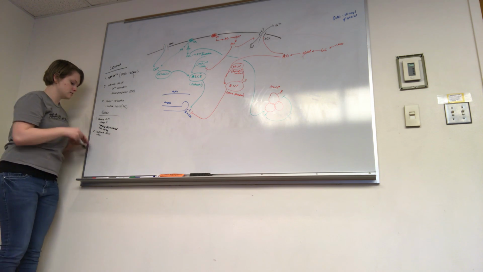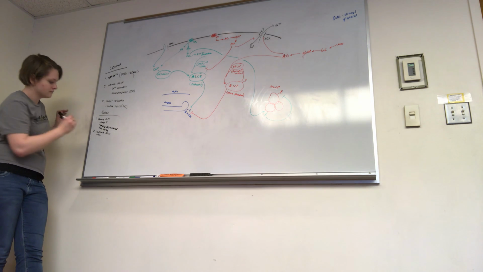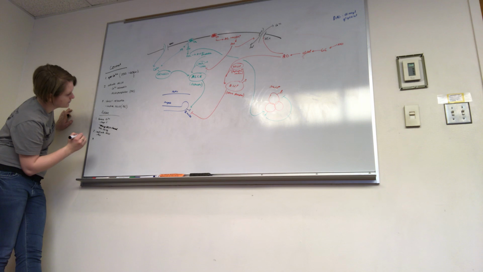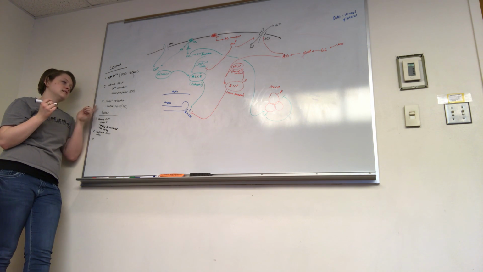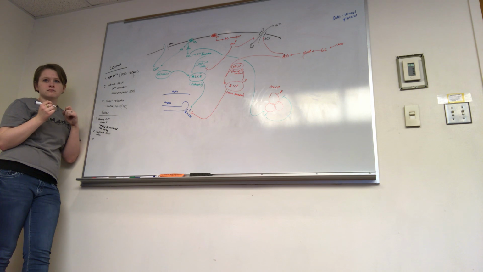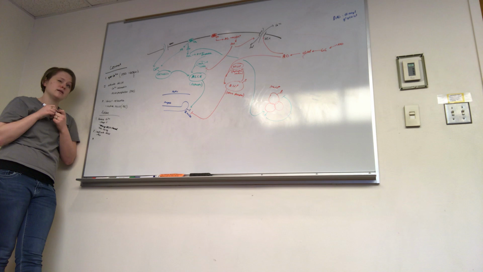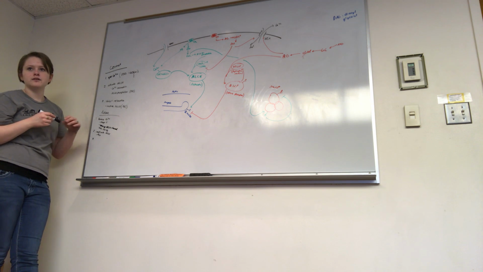What's the third way to cause relaxation? Or the third thing you have to do? Inhibit contraction. Inhibit, stimulate relaxation. Because inactivating MLCK is already inhibiting contraction. We just switched the wrong thing here.